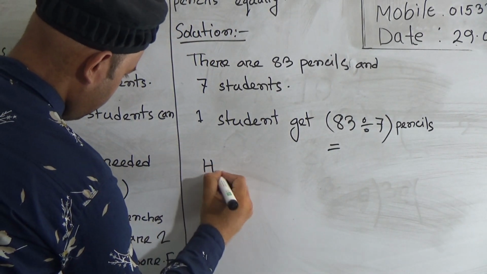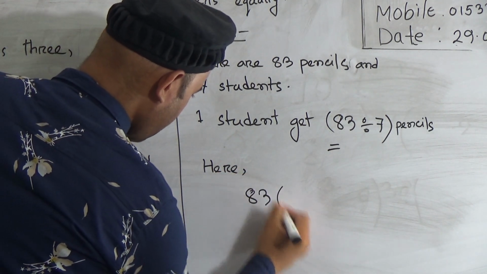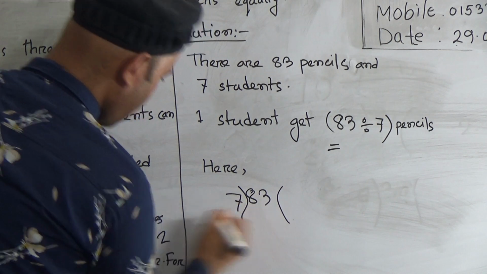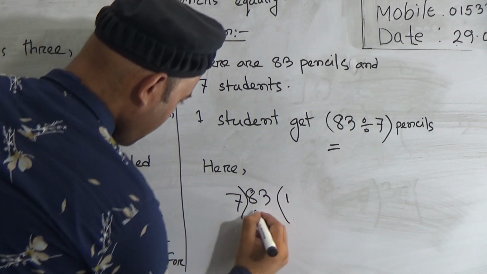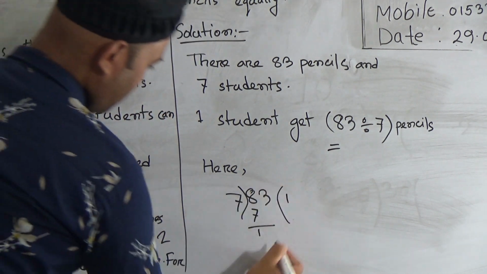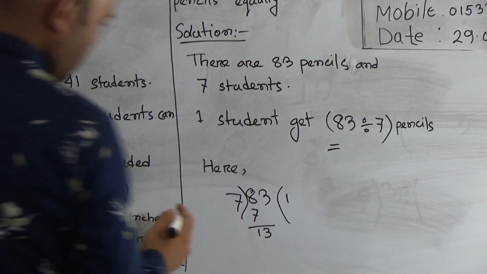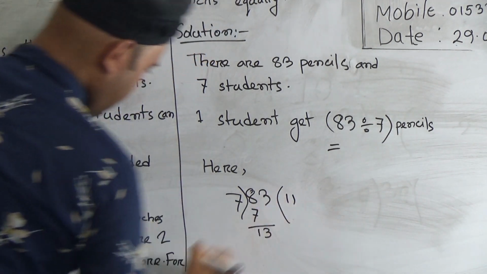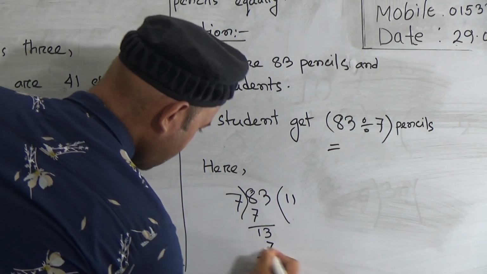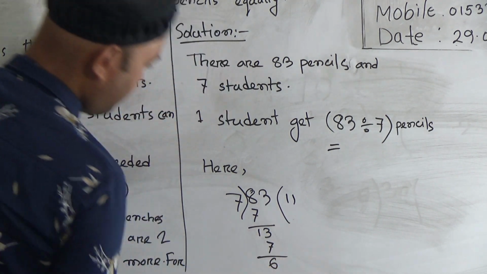Here 83 divide 7. We know that 7 ones are 7. There is 1. Bring down 3 here. It is 13. Again 7 ones are 7. Subtract 7 from 13. It will be 6.